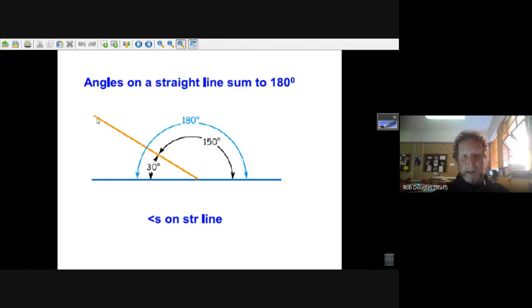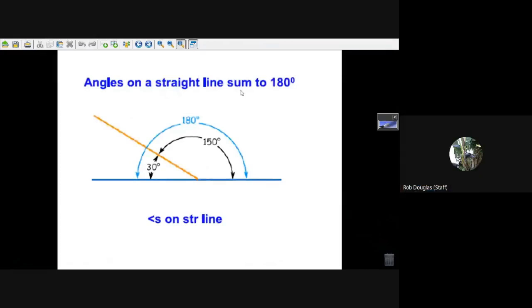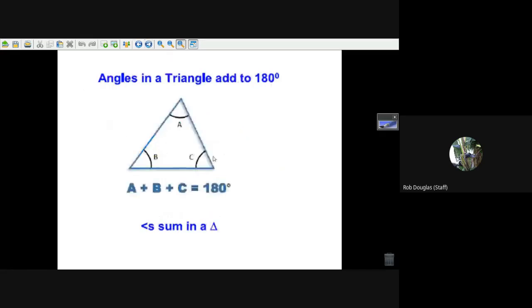Well, the angle on the other side, if it makes a straight line, it's always got to add up to 180 degrees, just about by definition. You could have 5 different angles here, but if they all get together and form a straight line, then they must add to 180 degrees. The reason, if we ever use this to figure out an angle, is angles in a straight line.